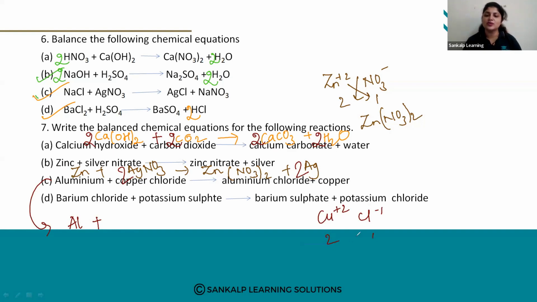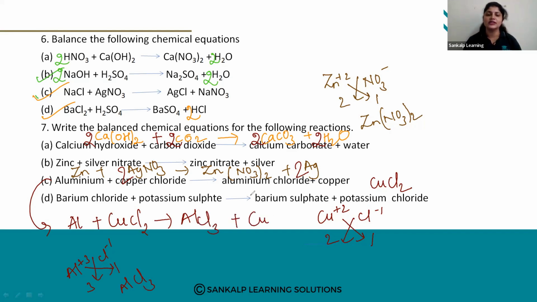This is 2, this is 1, crisscross, it becomes CuCl2. So copper chloride is CuCl2, giving you aluminium chloride. Al is plus 3, Cl minus 1. So 3, 1, crisscross, this becomes AlCl3. So AlCl3 plus copper, Cu.